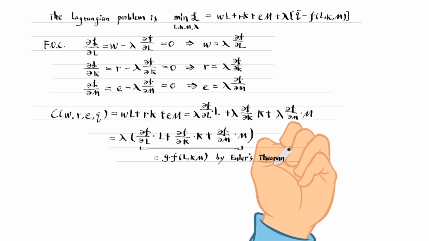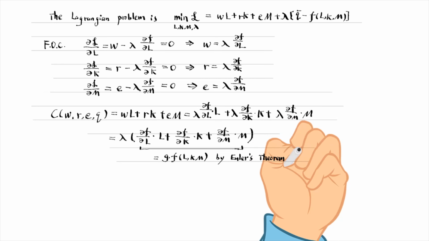If the production function is homogeneous of degree g, then the marginal product of labor times labor plus the marginal product of capital times capital plus the marginal product of materials times materials equals g times the production function.